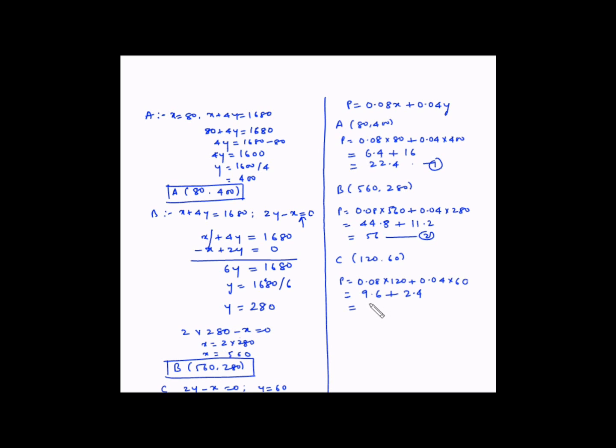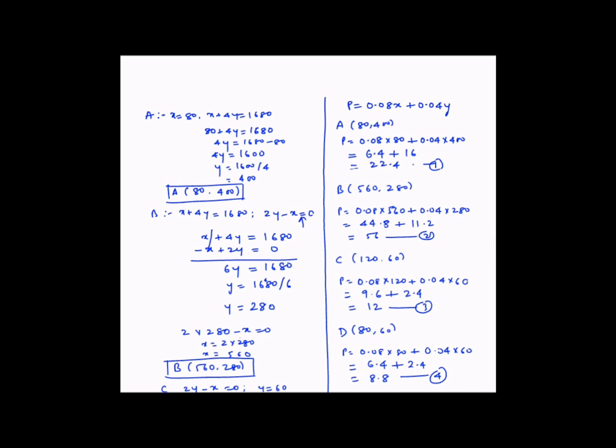This is equal to 12. And the last is point D, which is 80 and 60. So P is equal to 0.08 multiplied by 80 plus 0.04 multiplied by 60. This is equal to 6.4 plus 2.4, and this is equal to 8.8.